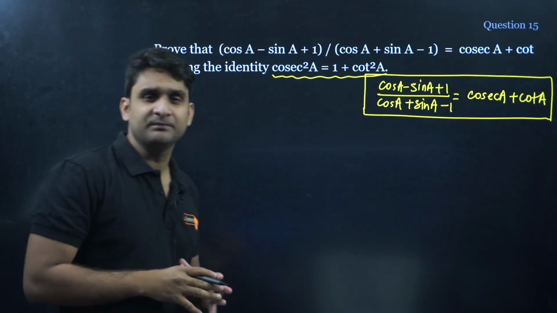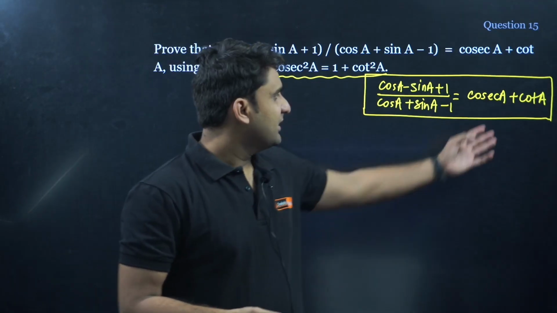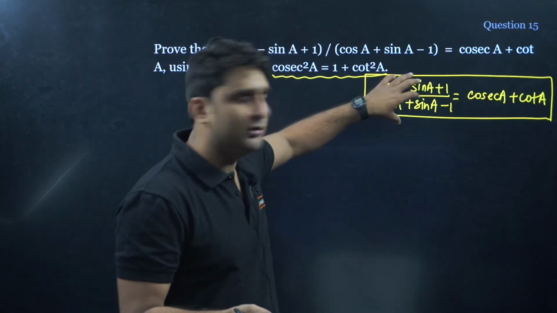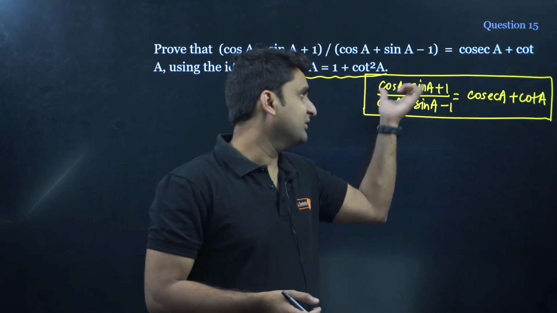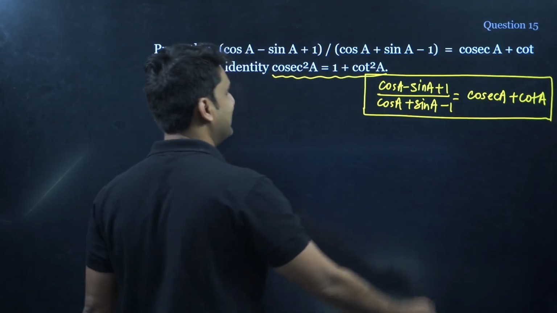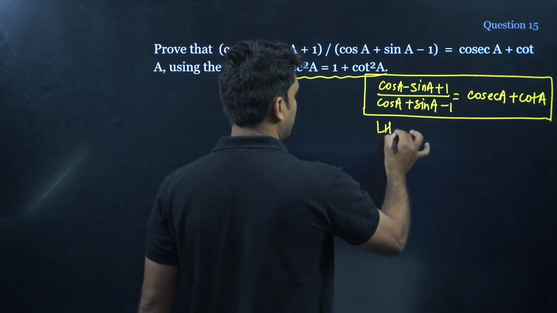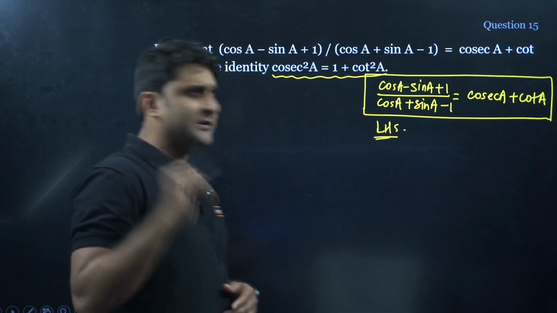How to do, guys? So it is clearly visible that RHS is a little small comparatively to LHS. LHS is a very big function. Something is written in fraction, this by this. So we are going to operate with LHS. So let's do LHS. So I'm operating here LHS. So what we can do, guys, listen.